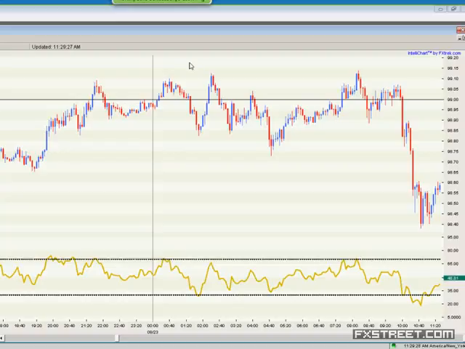That's worth discussing on our next FX Street webinar next month, but it's part and parcel of this strategy, which is designed for euro dollar, dollar yen, pound dollar, and possibly Aussie dollar and euro yen.